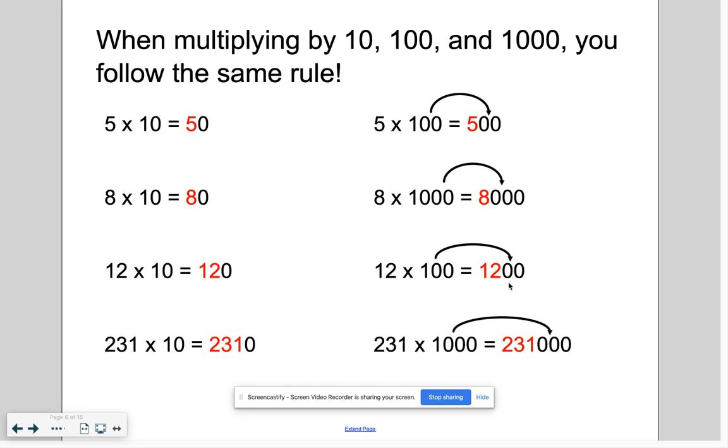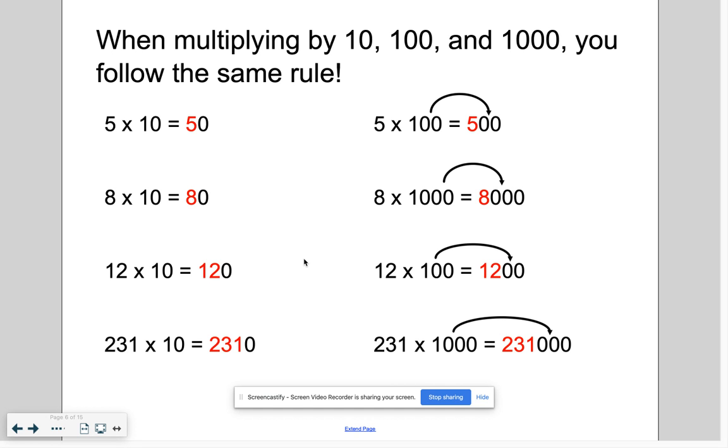There's my 12. There's the 2 zeros from 100. And if I did a big number like 231 times 1,000, here's my 231. Here's my 3 zeros from my 1,000. So the answer would be 231,000.